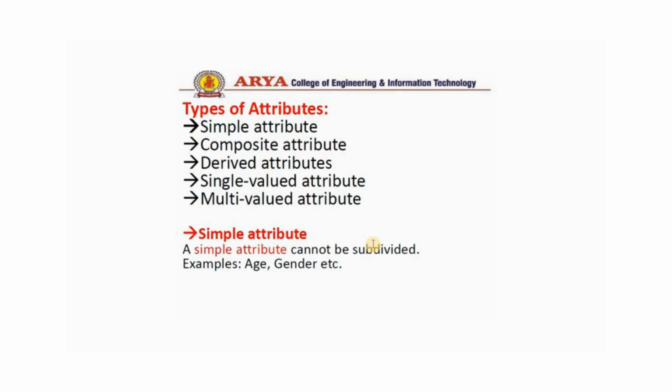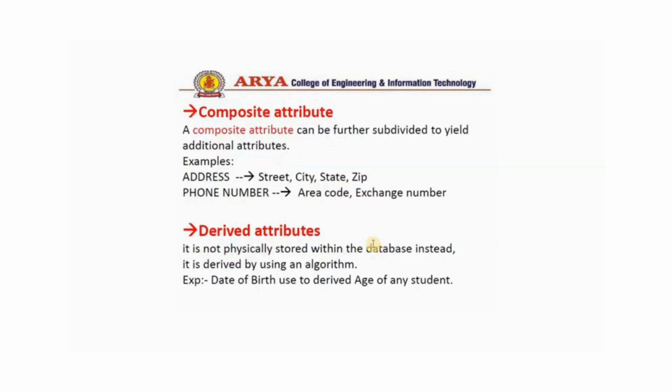It means a single valued attribute. Composite attributes can be further subdivided into additional attributes, like address. Address can be divided into street number, city, state, zip or pin code number. Phone number again can be divided into country code, area code, and phone number itself.